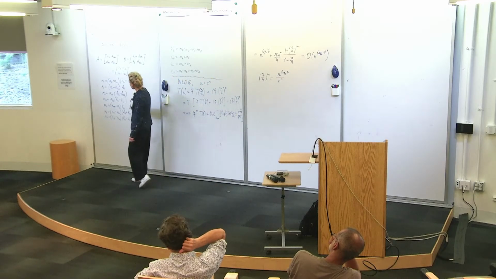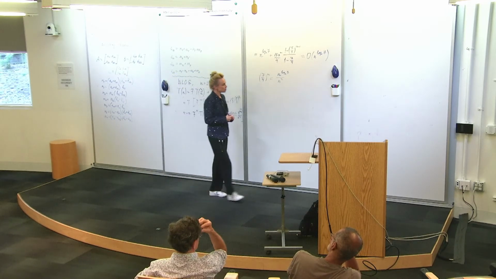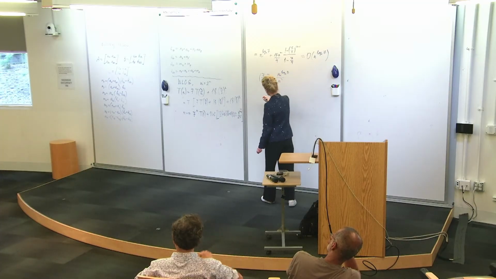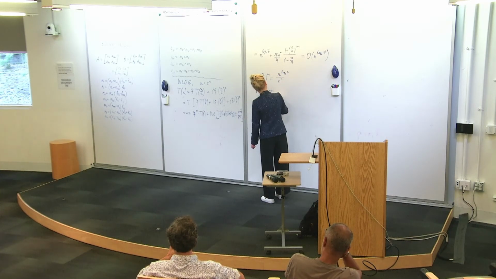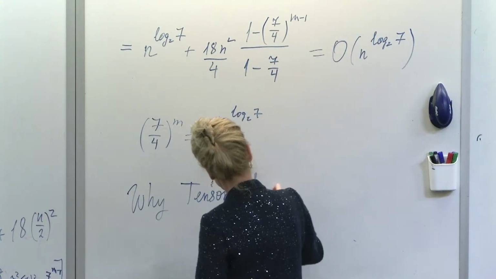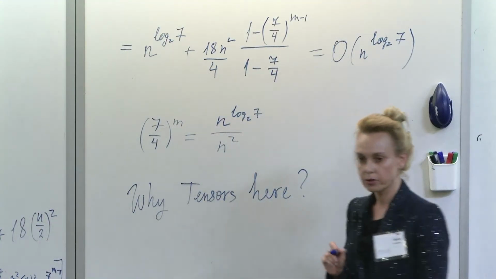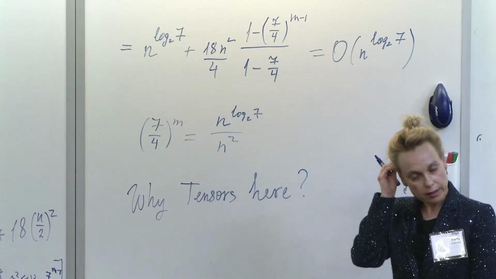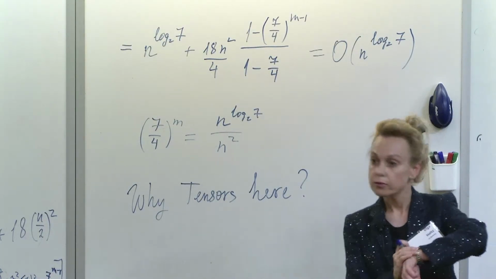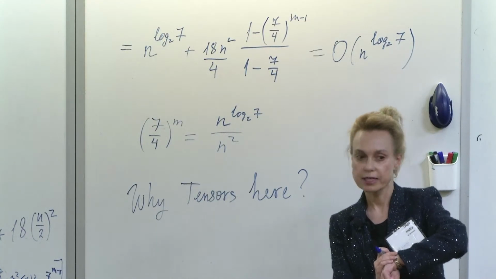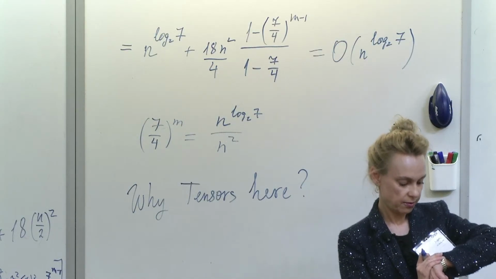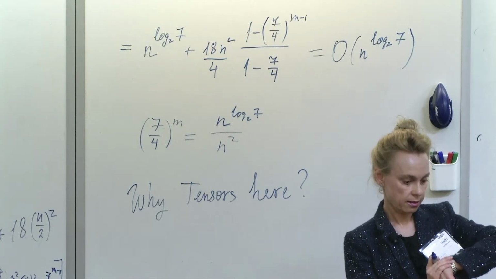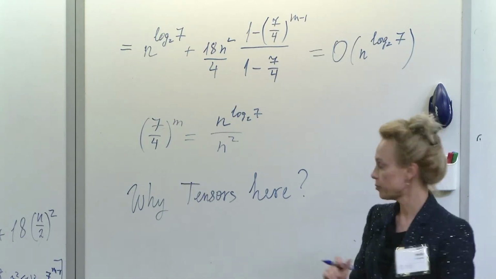So we actually wrote this down. So I'm going to bring out this tensor business. So why tensors here? Where on earth do we get those tensors, and how can we think of this? And remind me what my ending time is? I'm 5 minutes late, so we'll end at 3:05. Okay, so I better be quick.